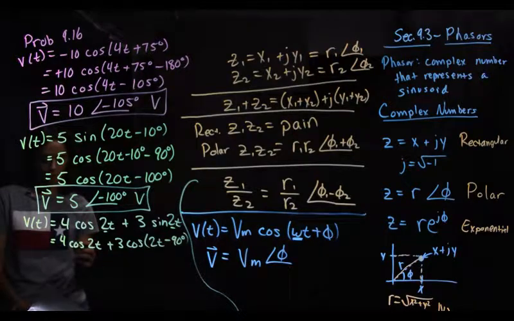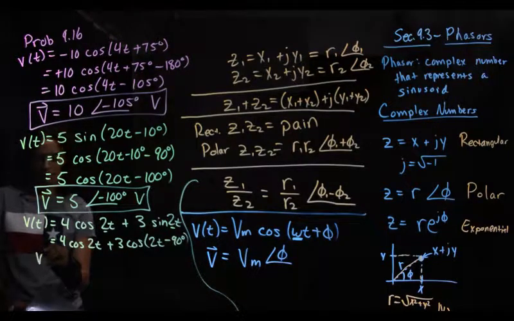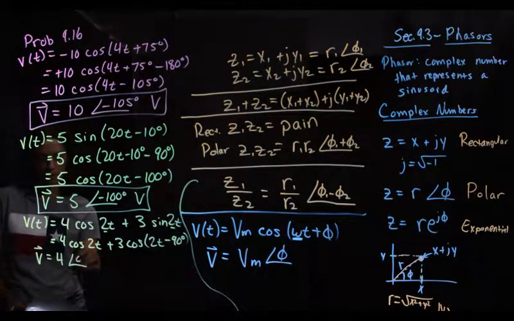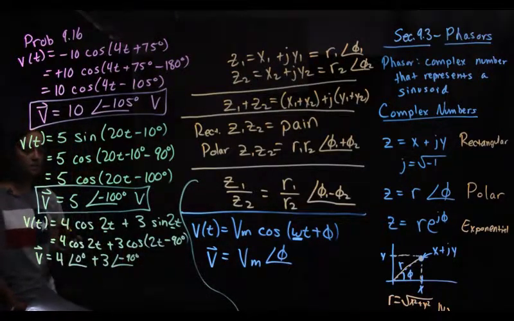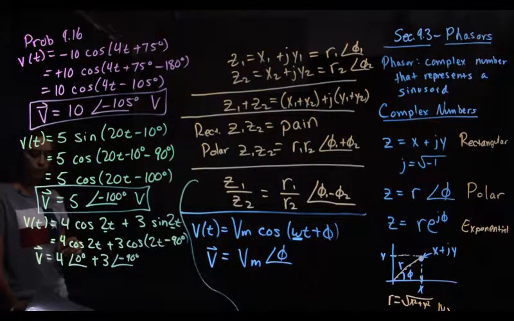And now I have, in polar form, 4 at an angle of 0 degrees, plus 3 at an angle of minus 90 degrees. Addition in polar form isn't that easy, so I need to put that into rectangular form.